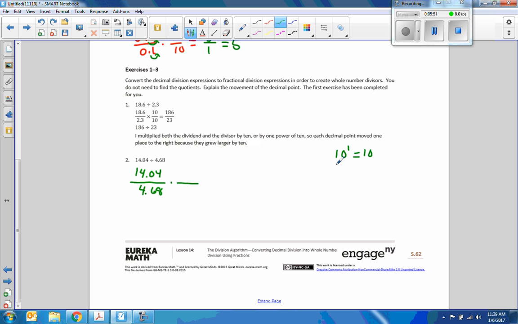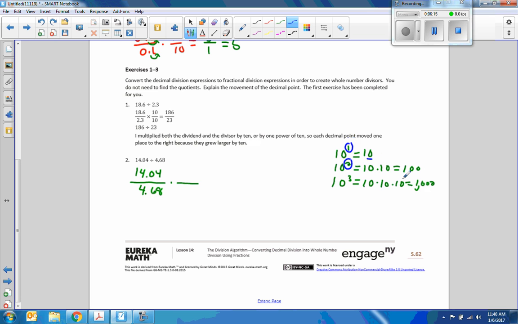If I say 10 squared, that is 10 times 10, which is 100. If I said 10 to the third power, or 10 cubed, that is 10 times 10 times 10, which is 1,000. So the number in our exponent tells us how many zeros there are.